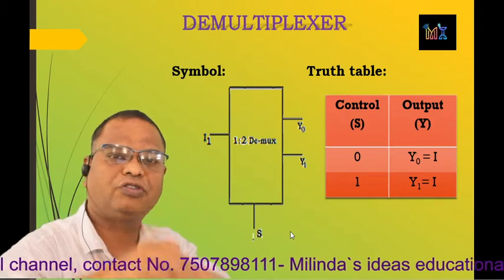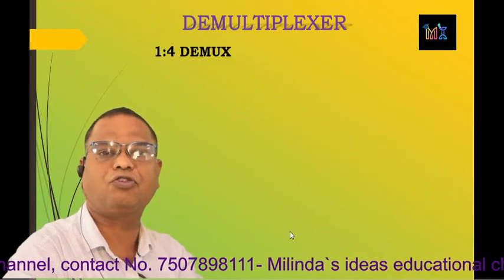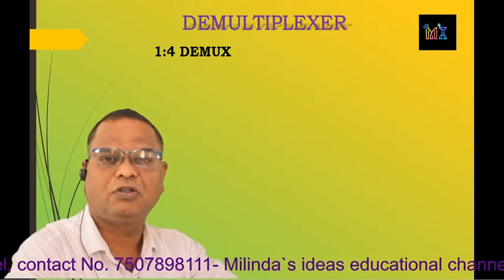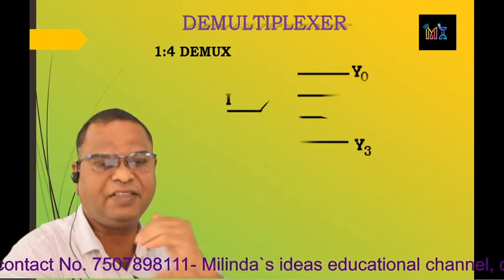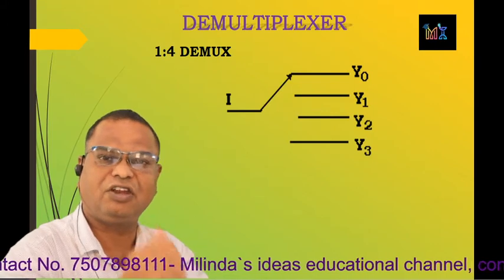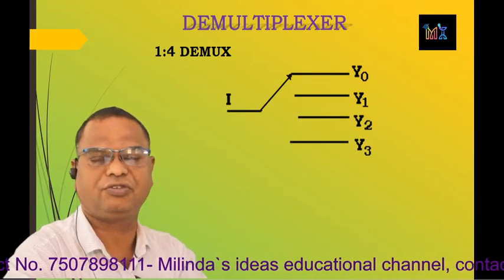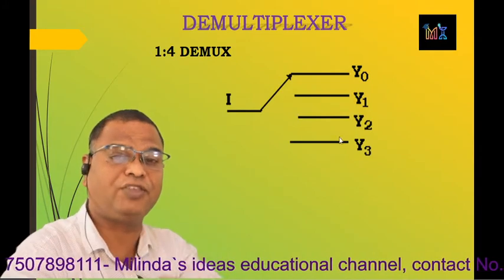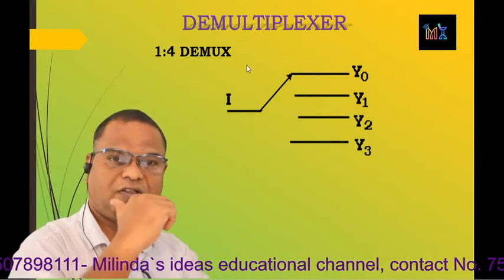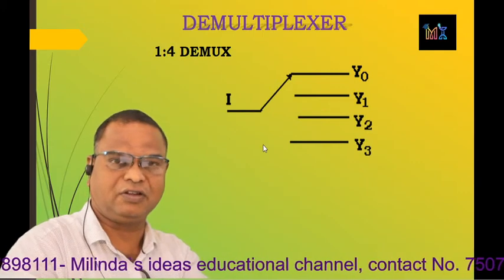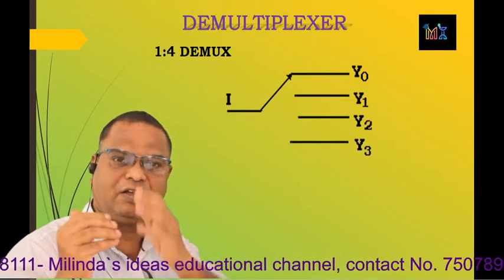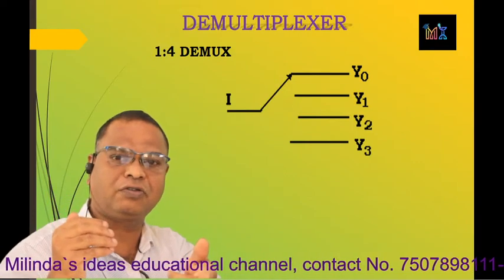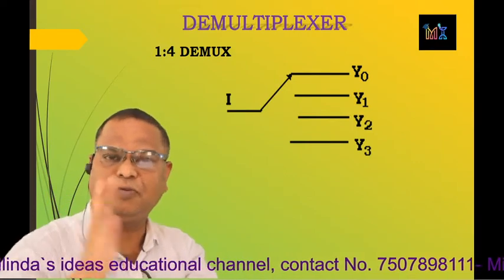Now we are going toward the next type, that is the 1 to 4 demux. In the case of 1 to 4 demux, once again the basic demultiplexing action is obtained by using a rotary switch. In this case, as there are 4 outputs, an SP 4-way switch is used, same as the multiplexer. In a 4 to 1 mux, an SP 4-way switch is used.